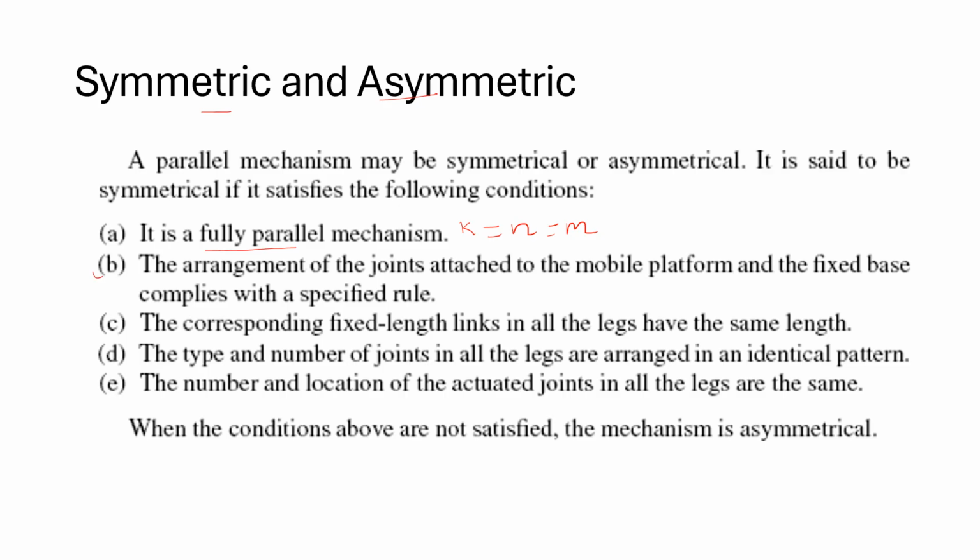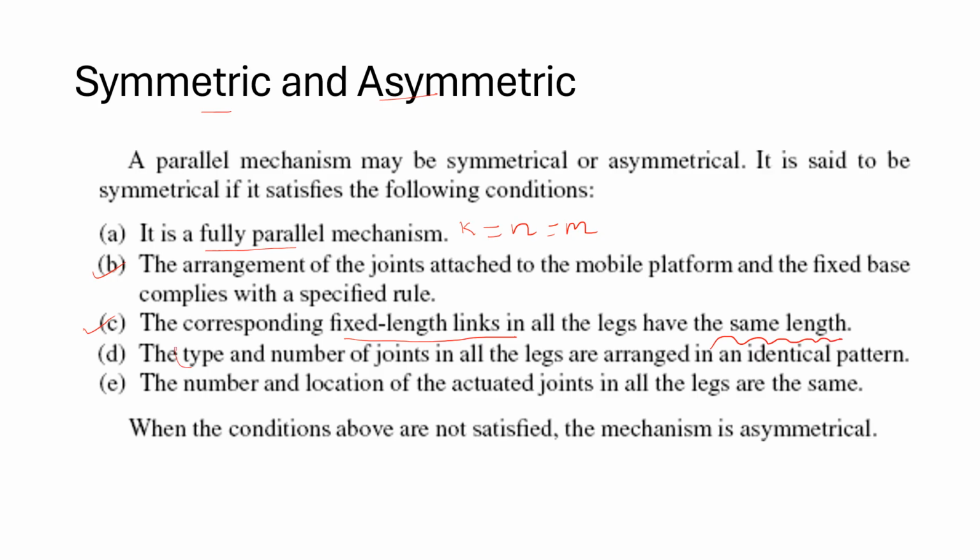And the second thing is that the arrangement of joints that are attached to the mobile platform, that is the end effector, and the fixed base should comply with certain specified rules, right? The third point is that the corresponding fixed length links in the legs, or the independent kinematic chains, should have the same length.